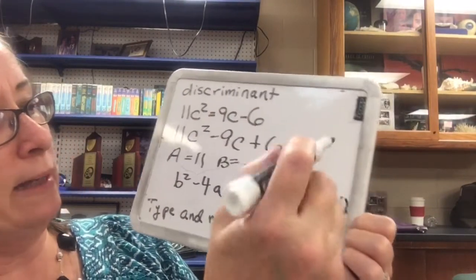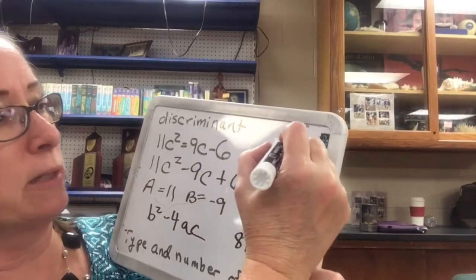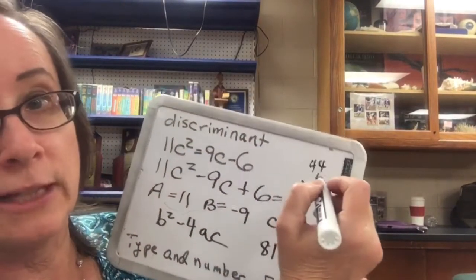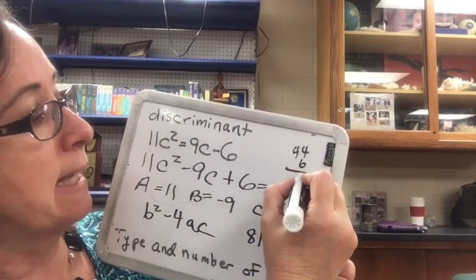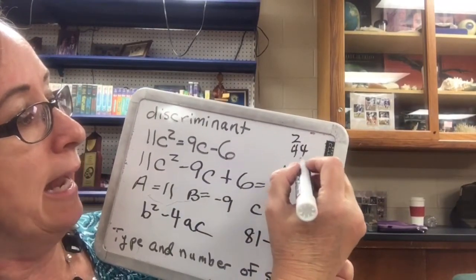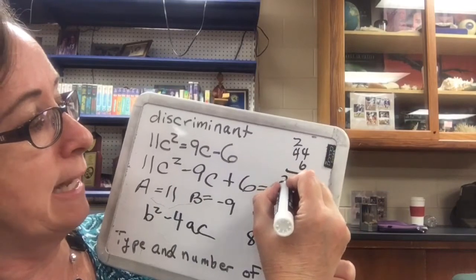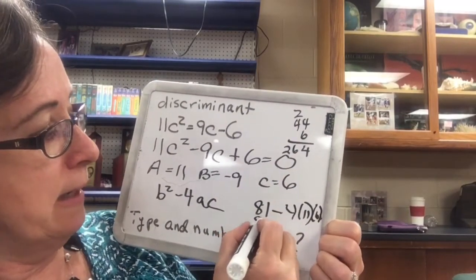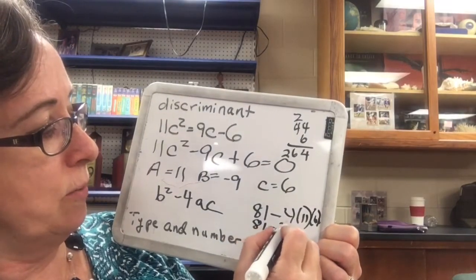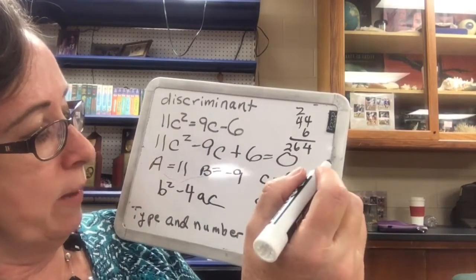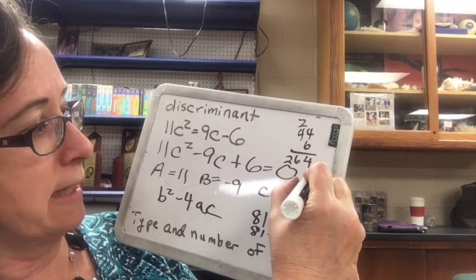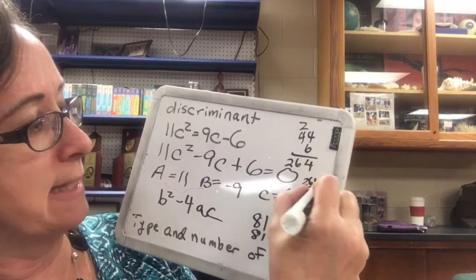Okay, so I wind up with 44 times 6. 44 times 6 is 264. So we have 81 minus 264, which is going to be, let me just do 264 minus 81 because that's easier.